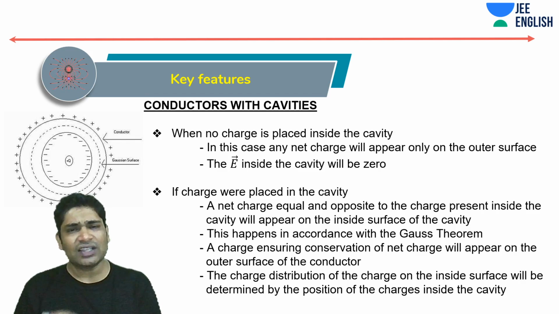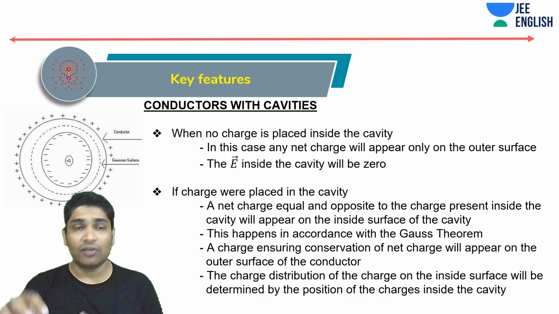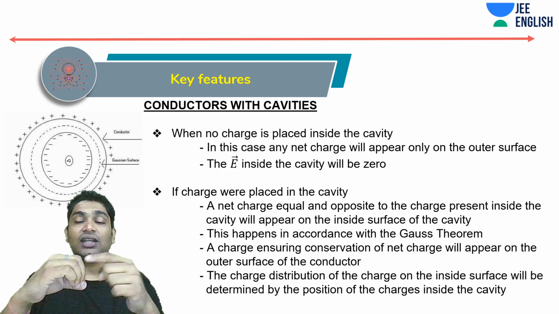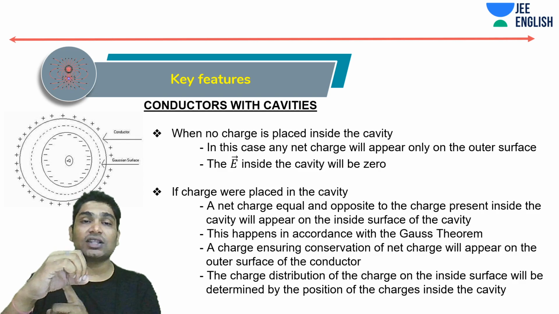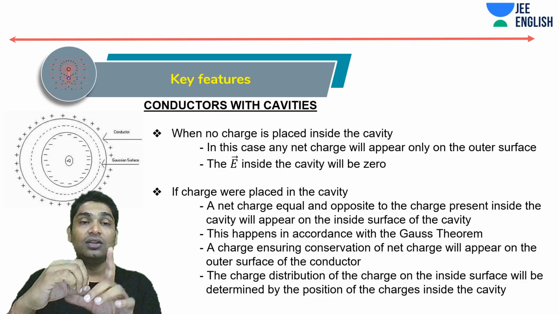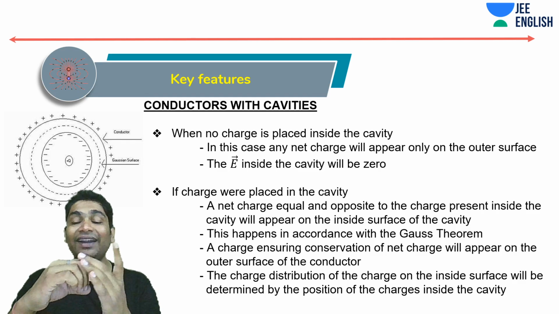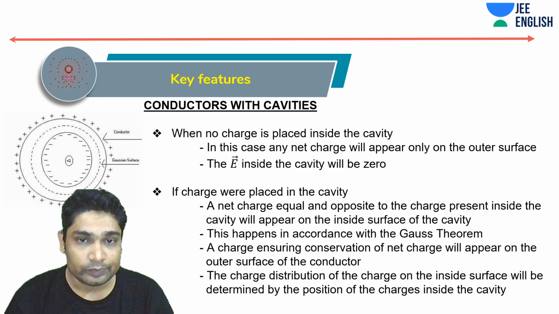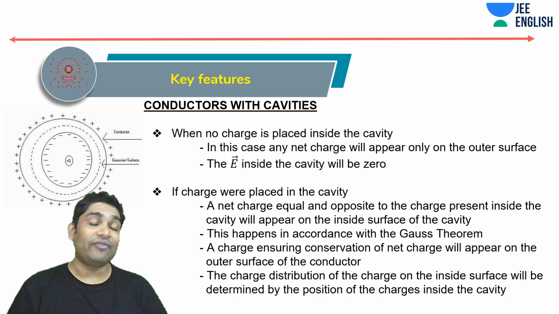The field inside the cavity will still be zero. Why? Because there is no need for any charge accumulation there. Whatever was the field of the external charge, that is already being cancelled on the outer surface by the outer surface charges. Since there is no field entering this, there is no reason for any charge accumulation inside also.